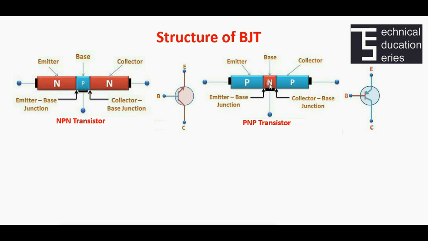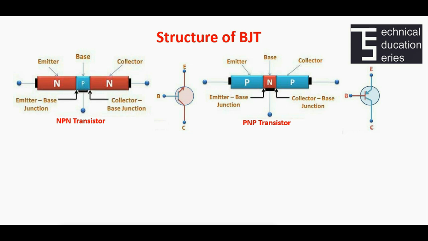In a similar way, if a thin layer of N-type semiconductor is sandwiched between two P-type semiconductors, the resulting structure is called a PNP transistor. In both cases, the left region of the structure is called the emitter, the middle region is called the base, and the right region is called the collector.